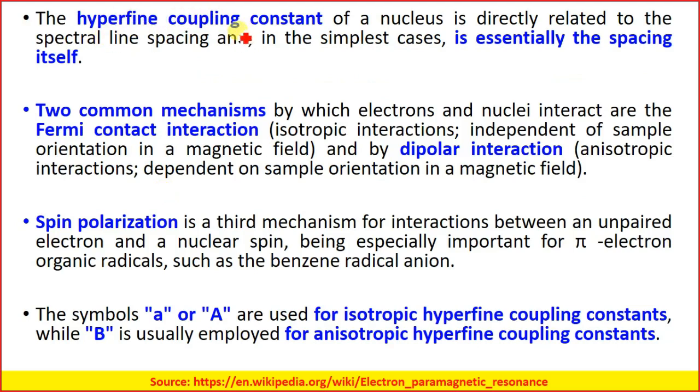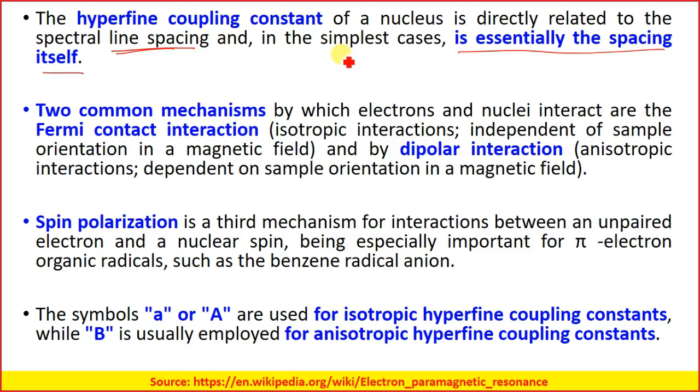The hyperfine coupling constant of the nucleus is directly related to the spectral line spacing. In the simplest cases, it is essentially the spacing itself. So what was the hyperfine coupling constant?